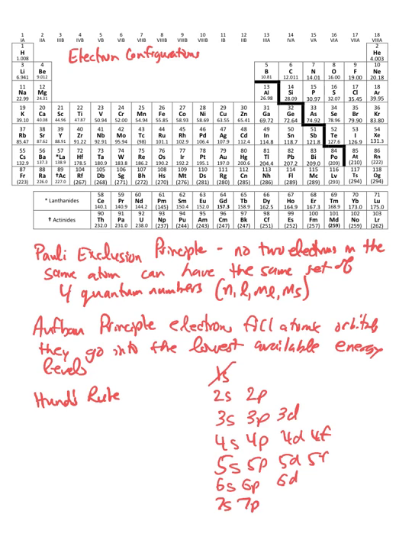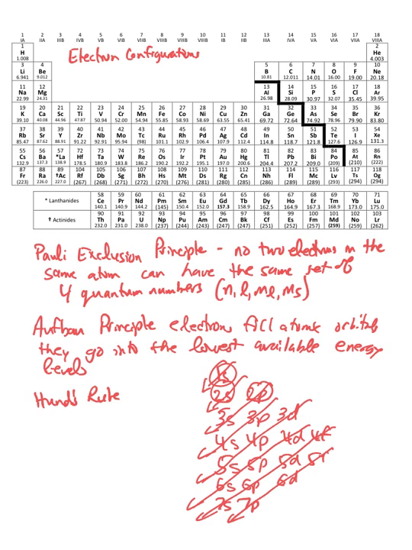And so the order of filling goes along these diagonals. The electrons first go in the 1s, then the 2s, then into 2p, then 3s, then 3p, and 4s, then 3d, 4p, 5s, and so forth.